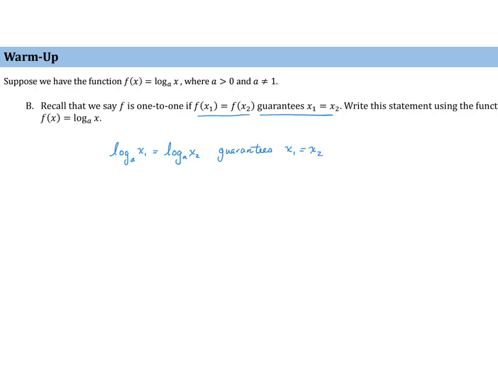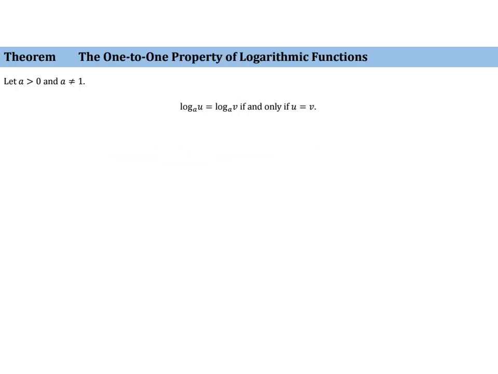So we can rewrite this so that we have the 1 to 1 property of logarithmic functions. If we have two logarithms that are equal, that have the same base, then their arguments must also be equal.